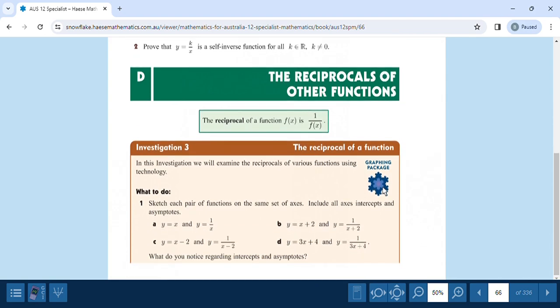The reciprocals of other functions. This is when they get a little bit more complicated. You don't just have x on the bottom anymore, you've now got f of x on the denominator.